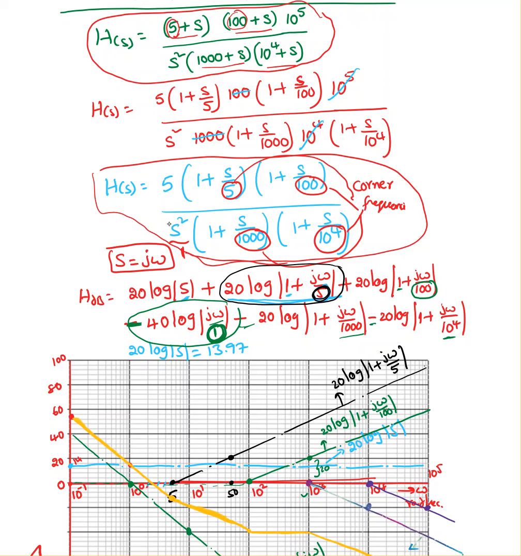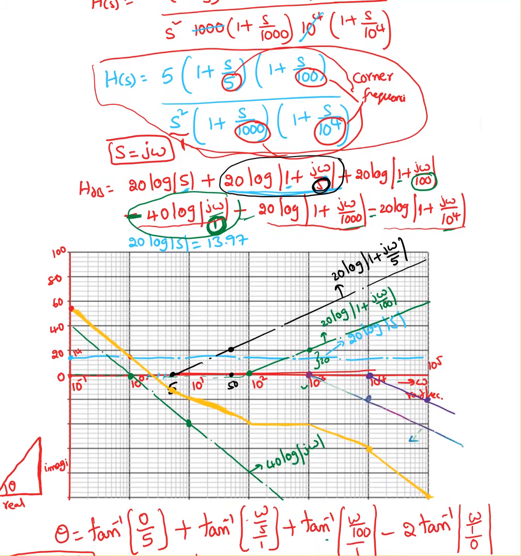So basically the denominator is going to be minus. So you have s square, so s times s, so it is 20 log j omega plus 20 log j omega, so it's going to be 40 log j omega. So minus 40 log j omega, minus 20 log |1 plus j omega over 1000|, minus 20 log |1 plus j omega over 10 to the power of 4|.